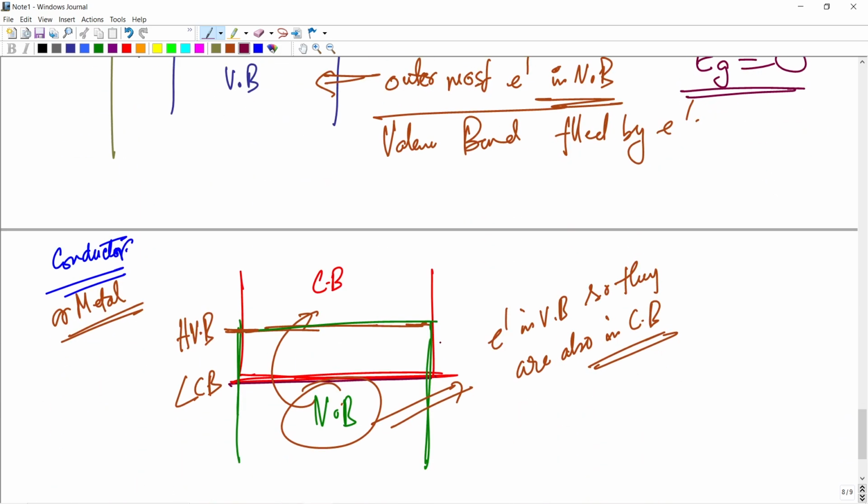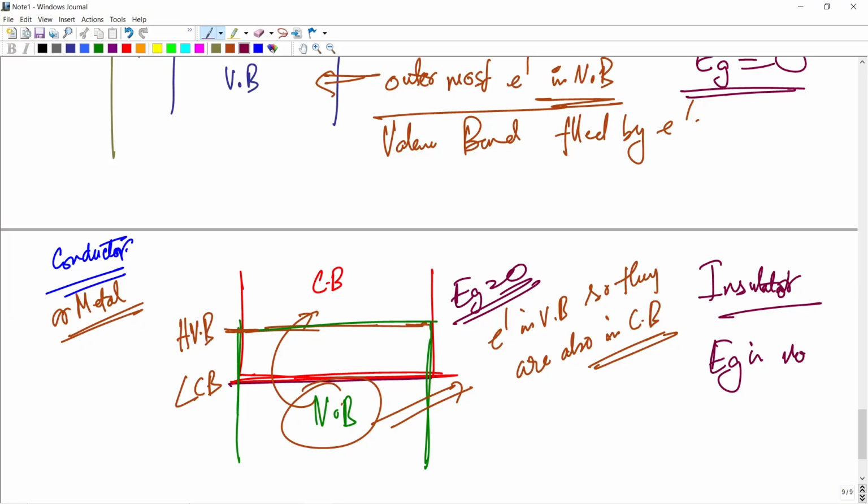But for an insulator, Eg is very high, so it is very difficult for a valence electron to jump to the conduction band.